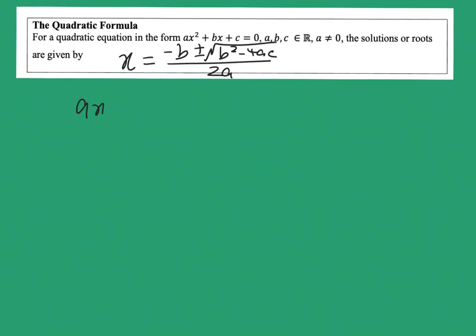So we have ax squared plus bx plus c is equal to 0. So remember, we want to solve the equation by completing the square. First, we will subtract c from both sides. And then I will divide the whole equation by a.